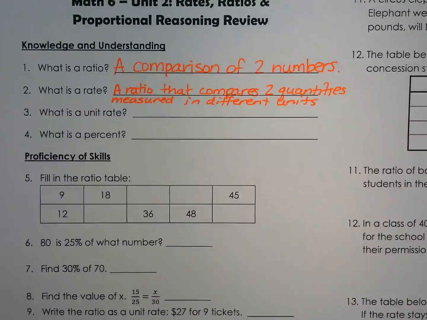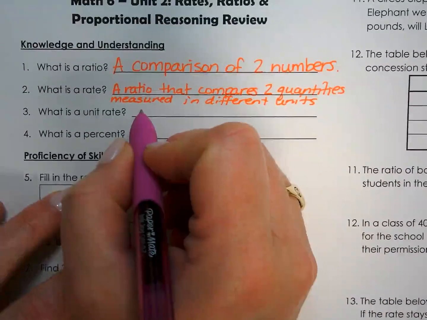And a unit rate is a special kind. So we went from a ratio to a special kind of ratio, which is a rate. And then a unit rate is a special kind of rate.